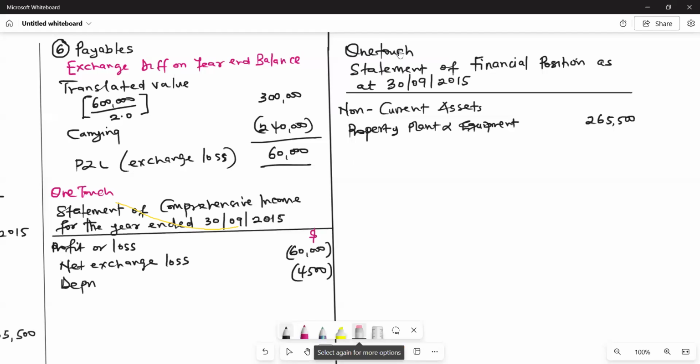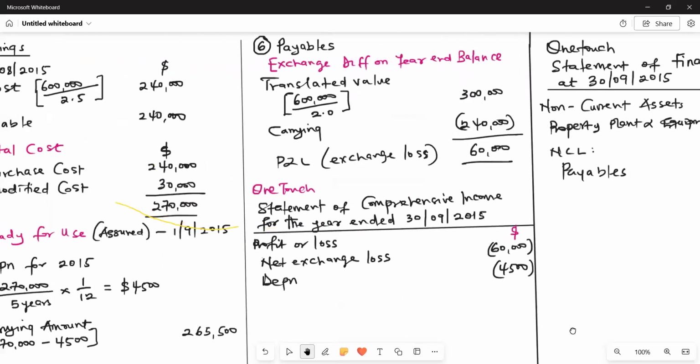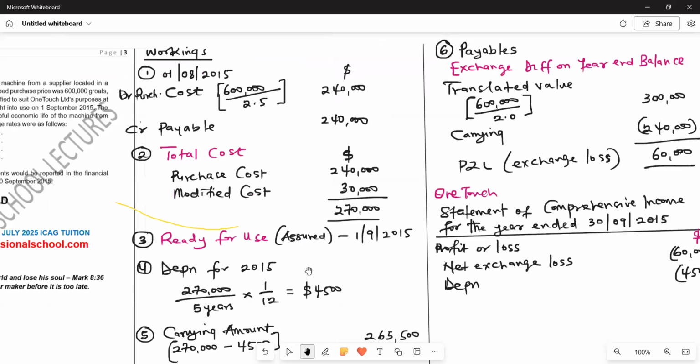No. Okay, we have some non-current liability to treat, right? The payables. The translated value, 300,000, right? This question came to chartered diploma in IFRS. I don't recall the marks, but maybe it will be 8 marks, 7 marks, or 10. I see the maximum you can get from this question is 7.